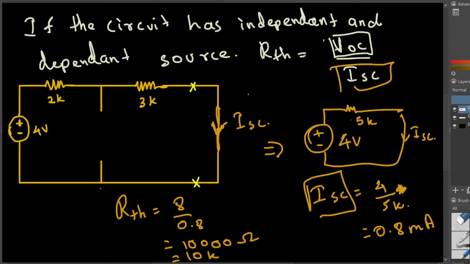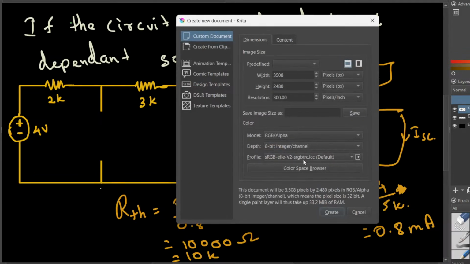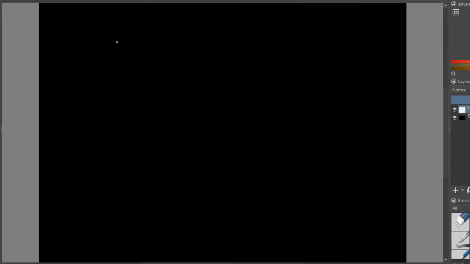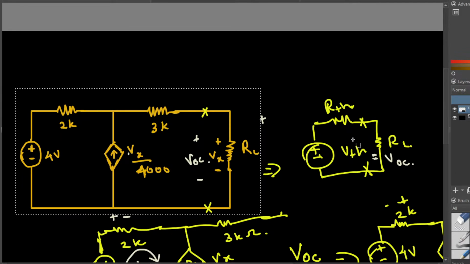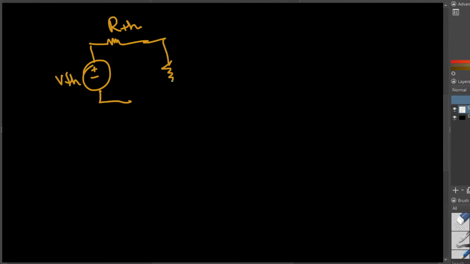Now let's say you are interested in finding the Norton equivalent circuit. How can you do that? You just have to do the source transformation for the Thevenin circuit. Let me draw the circuit here first. So here I have the Thevenin circuit with RThevenin and then VThevenin right here, and then we have the load resistance connected like this.